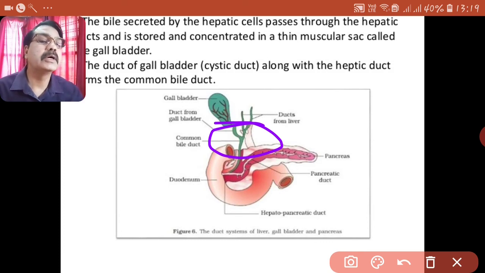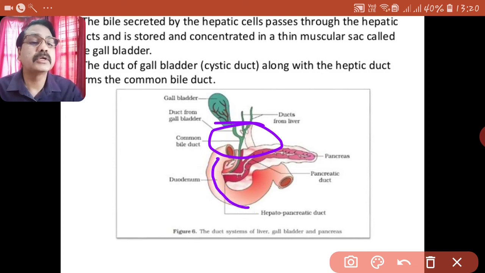So the ducts from the liver and the ducts from the gallbladder both combine at a point to form the common bile duct. Here in this diagram it is given very clearly, and this is the uppermost part of the small intestine called the duodenum.